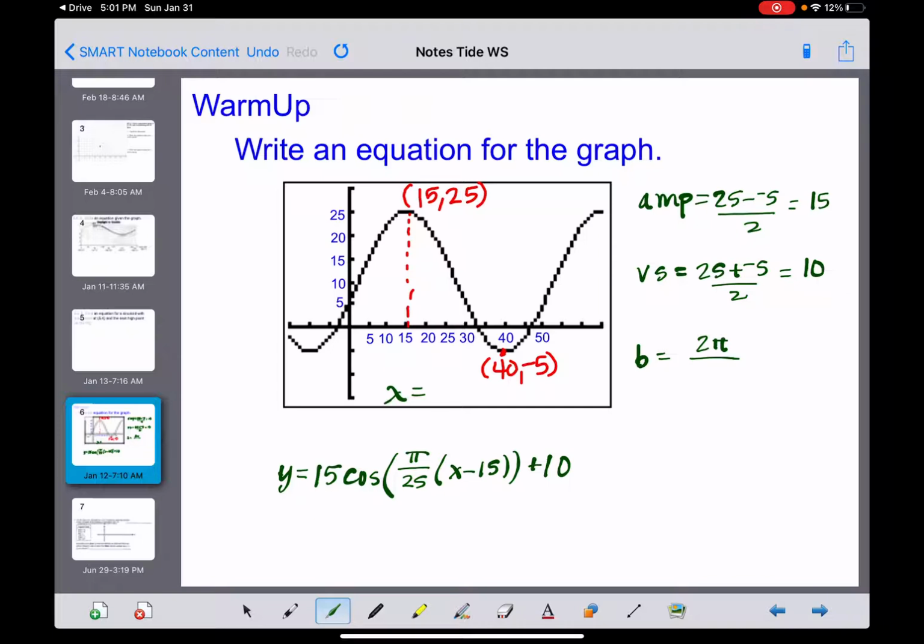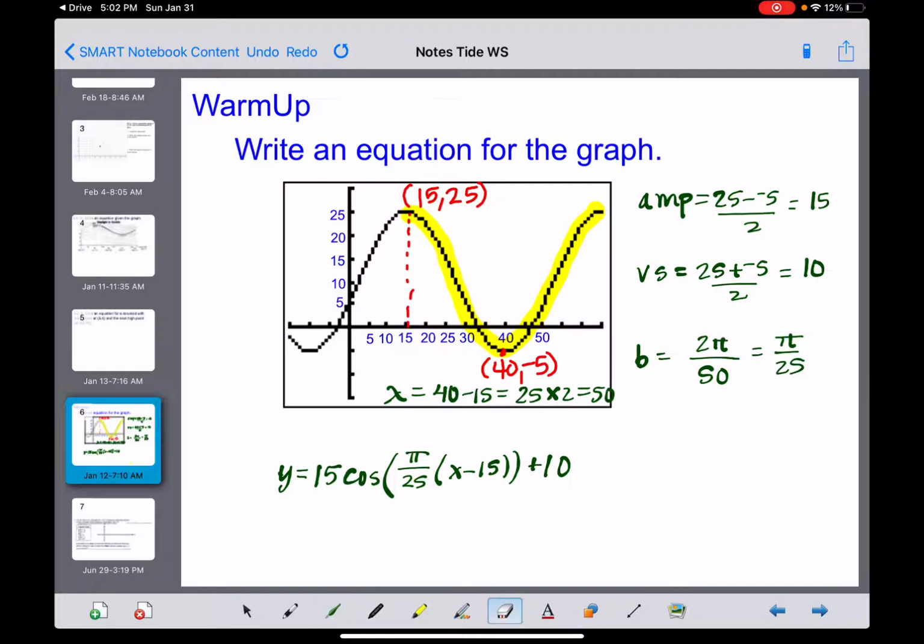And the period, I decided to write the equation for this cosine graph. So from 15 to 40, if I take 40 minus 15, I get 25, but that's just half a cycle. So I have to multiply it by 2. So 2 pi over 50 would be pi over 25.